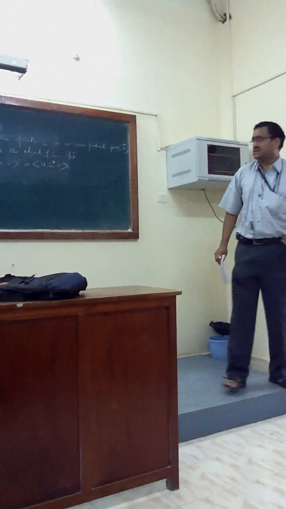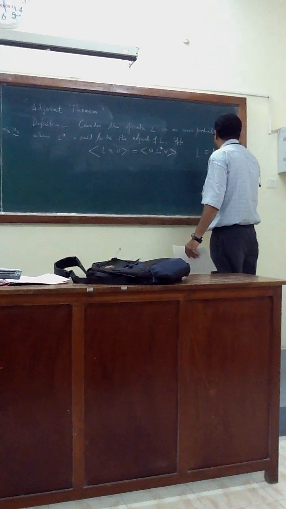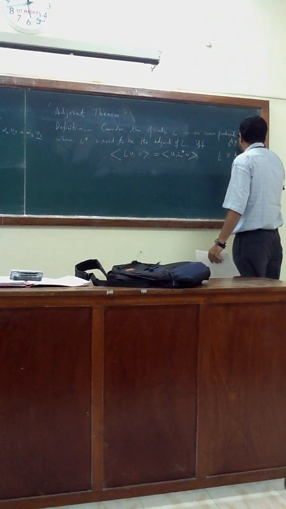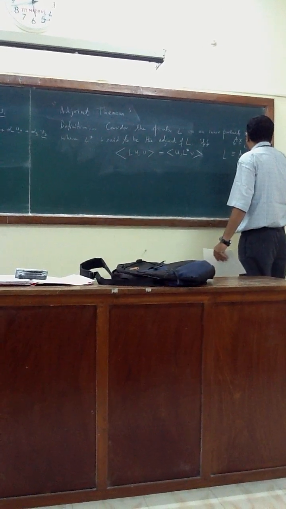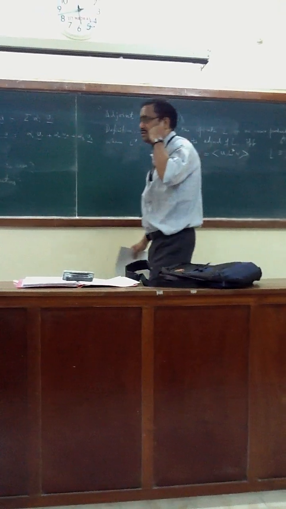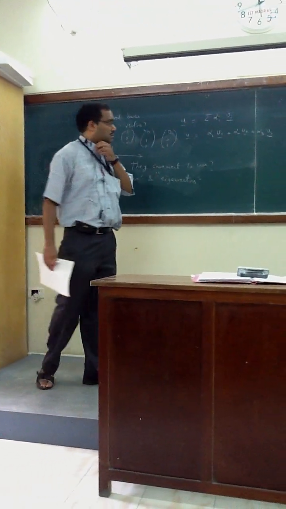This L is of course a matrix operator. If L here is a matrix operator, I am talking about AX equals B, which is also known as LU equals F. U is the unknown vector and F is the known vector.